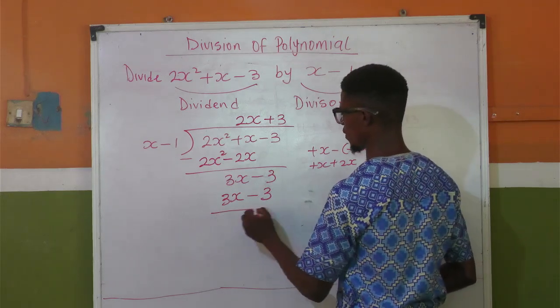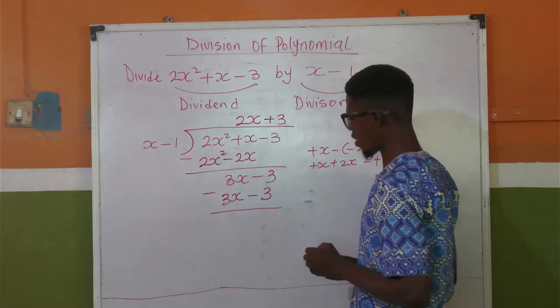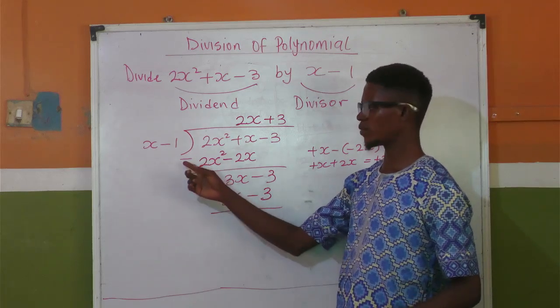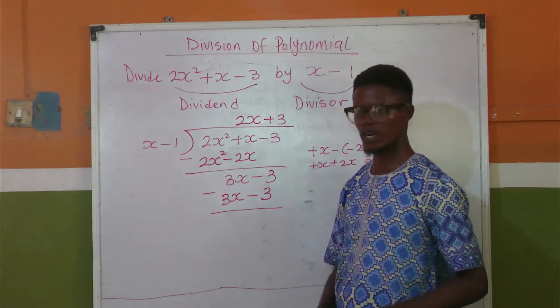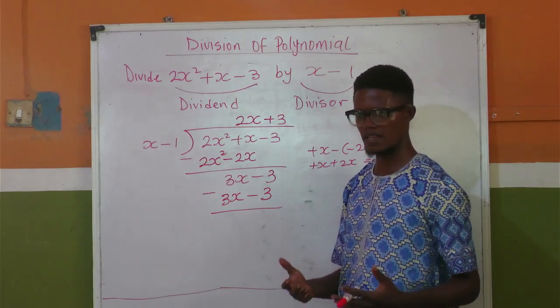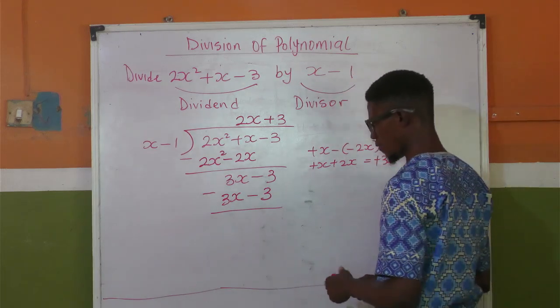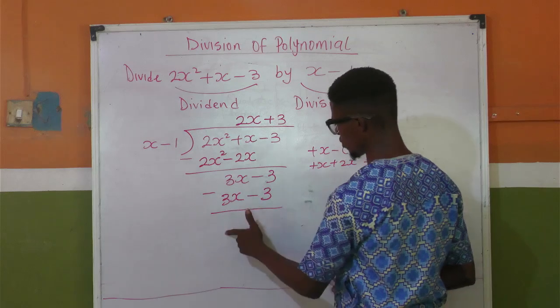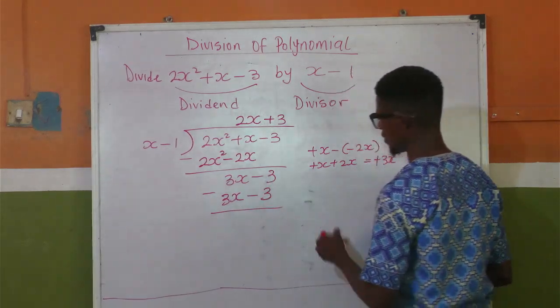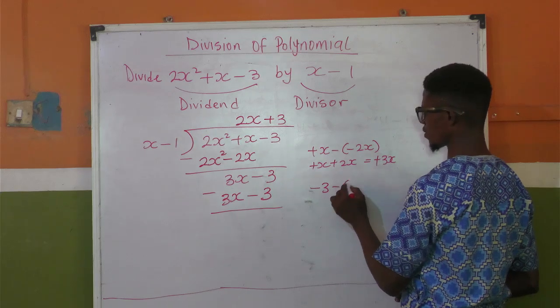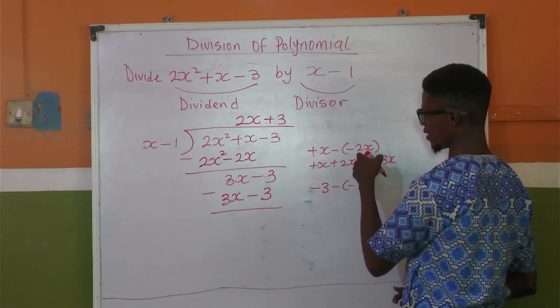So now we perform the subtraction again. So when you are doing the division of a polynomial, the operation you're going to be using is the subtraction sign. So that's what we're using basically. So if we subtract this now, we're going to have 0. Then here, it's going to become minus 3 minus minus 3, just like we had the same case here.